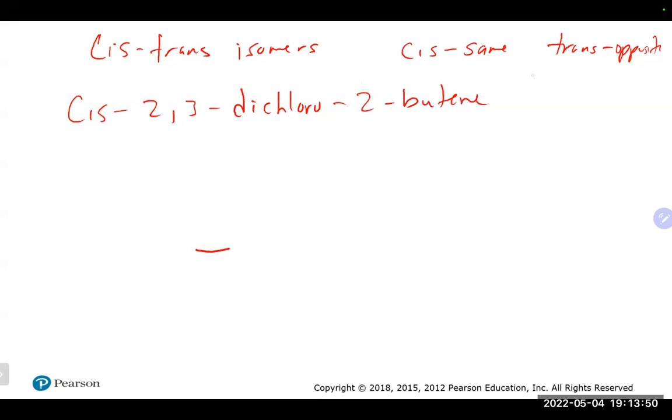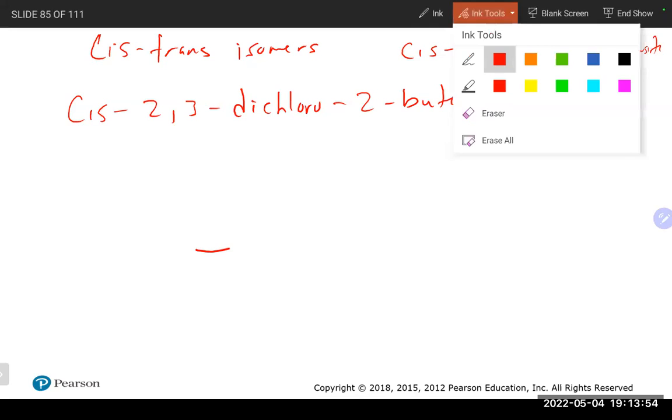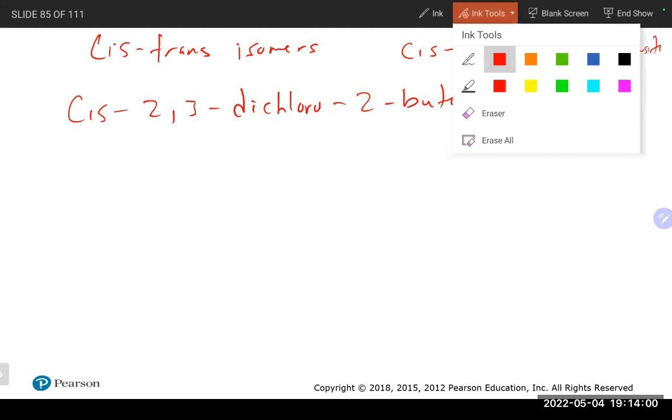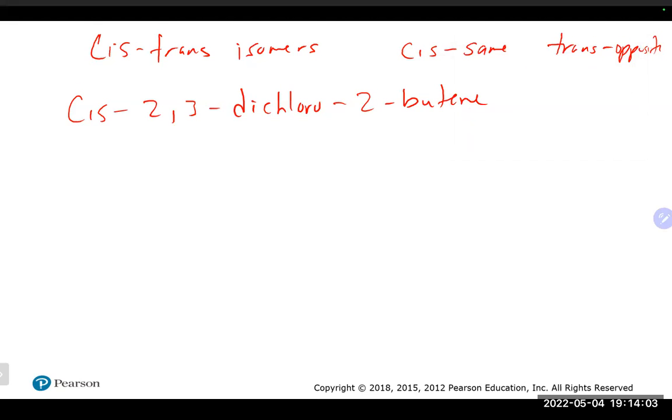Regardless of whether we draw the cis or the trans, we would probably just want to draw it straight without any geometry in it.